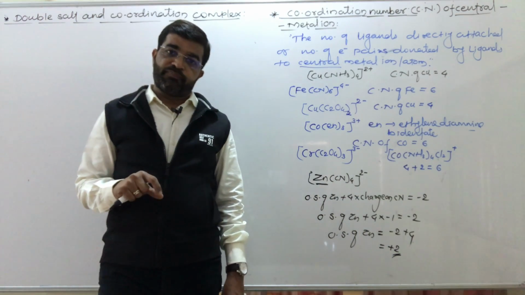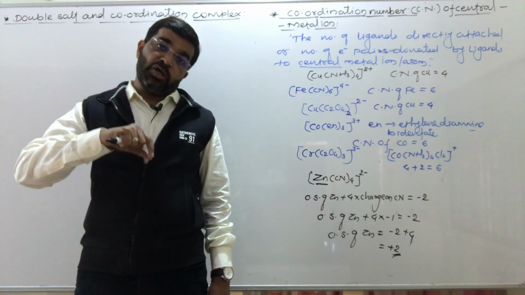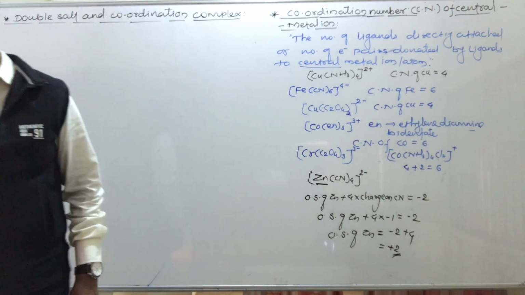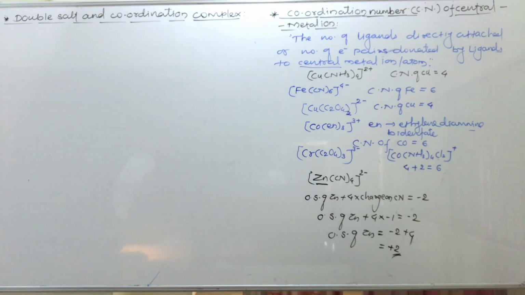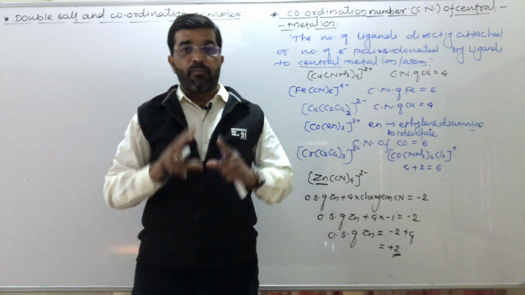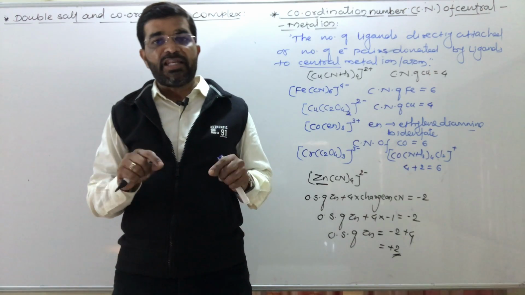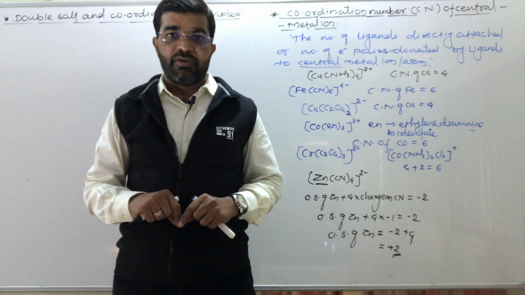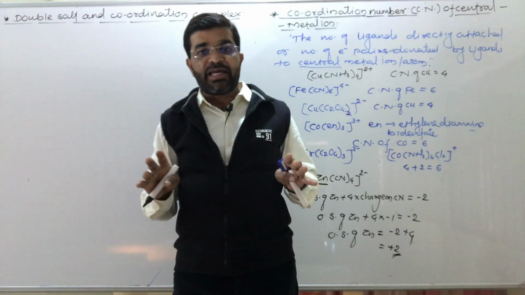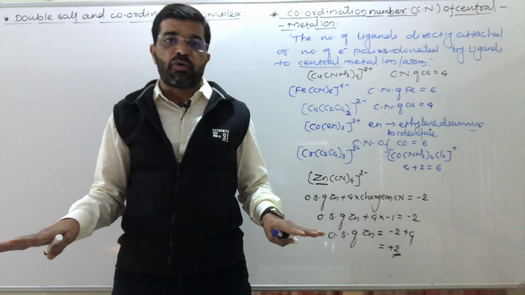But sometimes two or more salts combine and that may not be a complex. Two or more stable compounds, when combined in a stoichiometric ratio, can form a complex, but sometimes two or more stable salts combine and there is no formation of a complex.